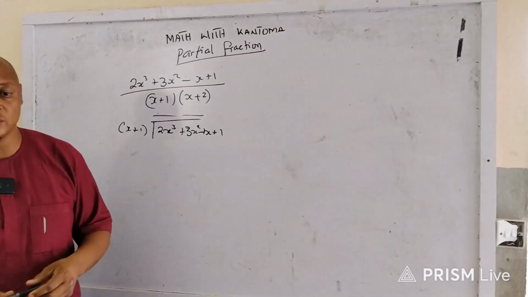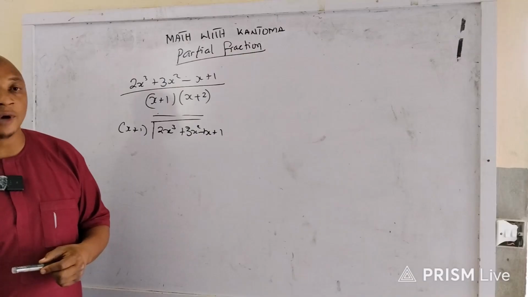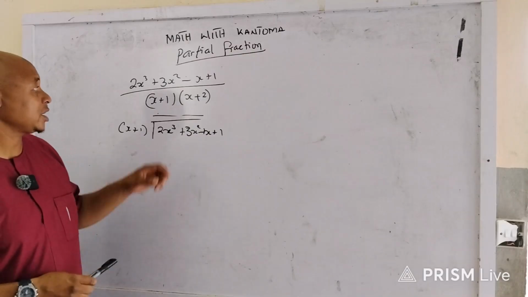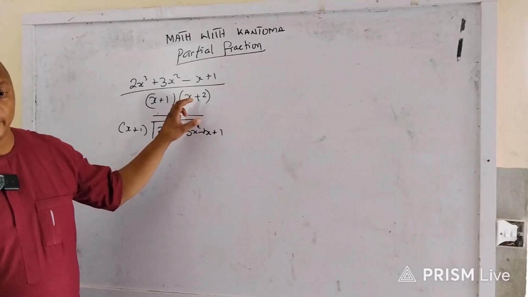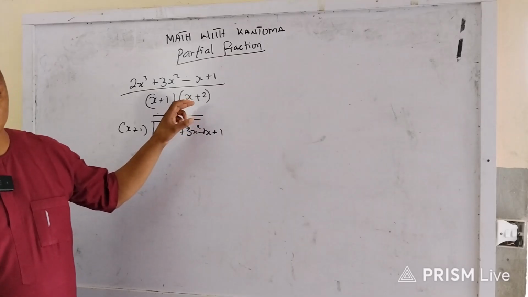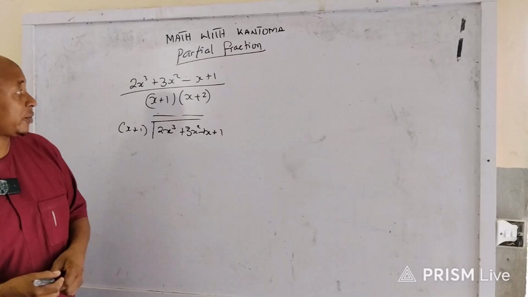The second rule says we are to factorize the denominator into its prime factors, to determine the shape of the partial fraction.